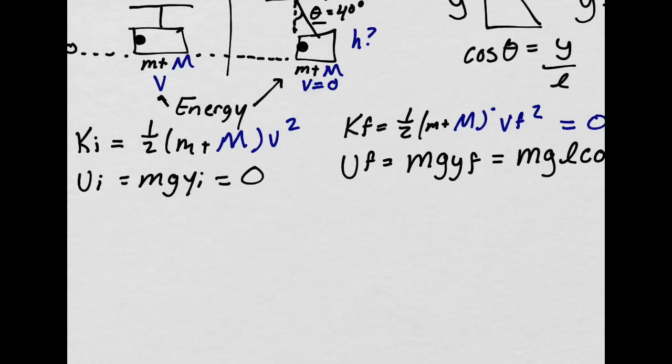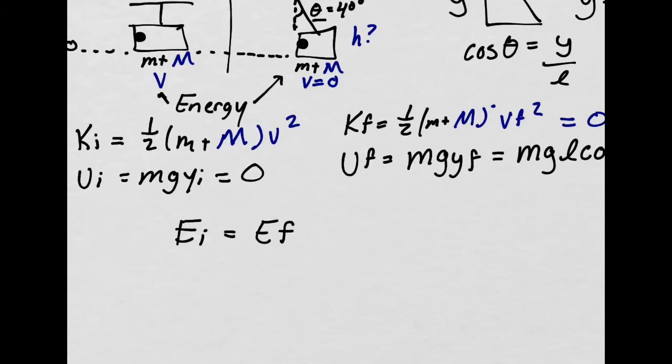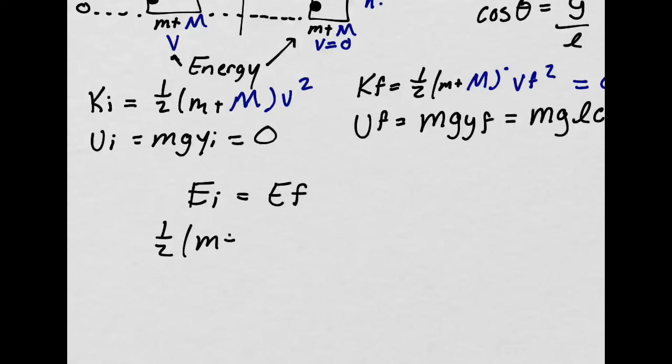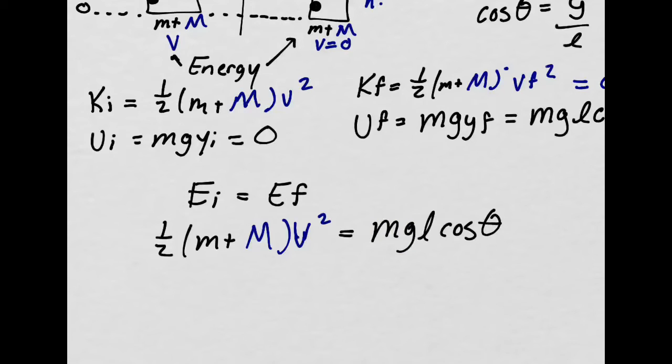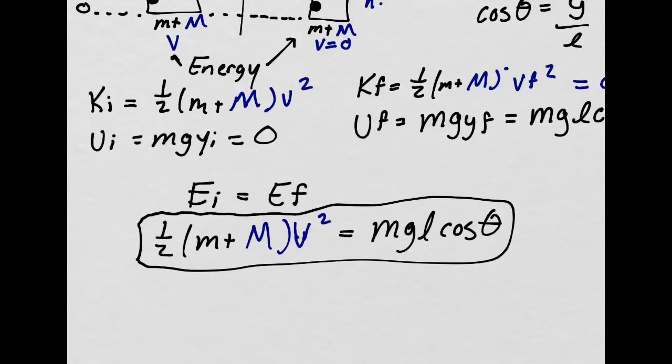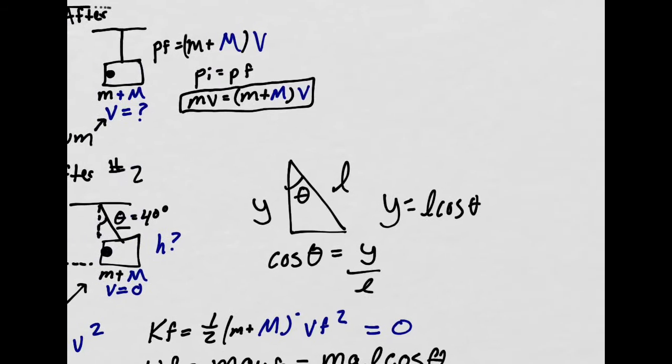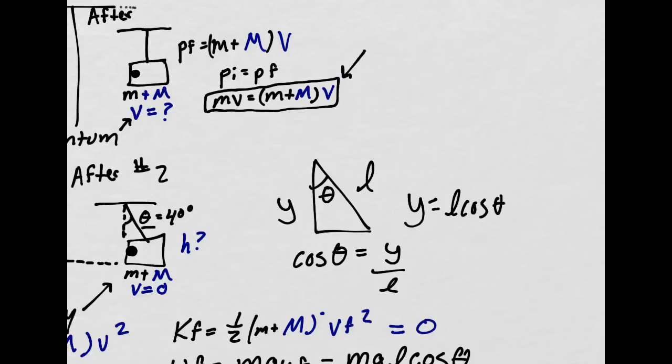So we now can set initial energy equal to the final energy. So the initial energy is 1/2 m plus capital M capital V squared equals mgL cosine theta. So this guy only has one unknown, capital V. So we have our unknown capital V here, and if we can solve for it using that equation, we can plug it back in here to find this guy.